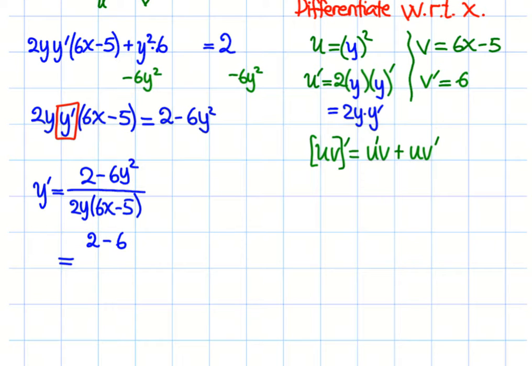If we square both sides, it is going to be 2x over 6x minus 5. At the bottom, we have 2y. y is the square root of, I'm sorry, 2x over 6x minus 5.